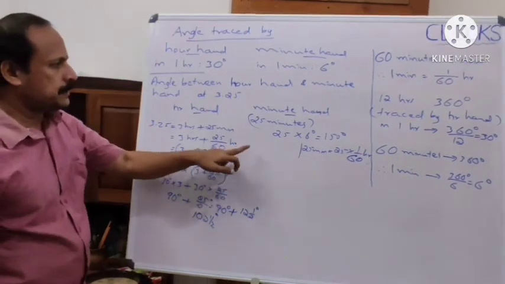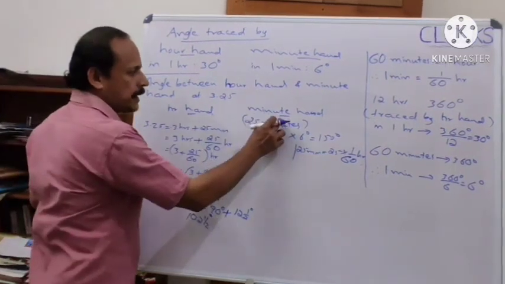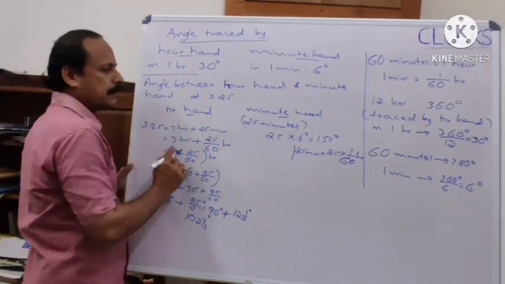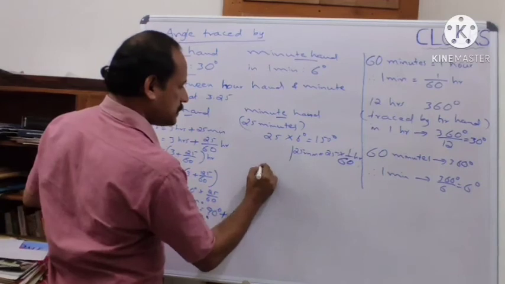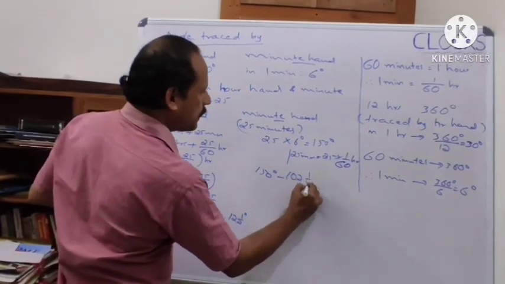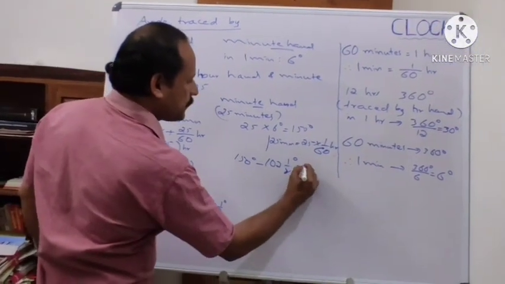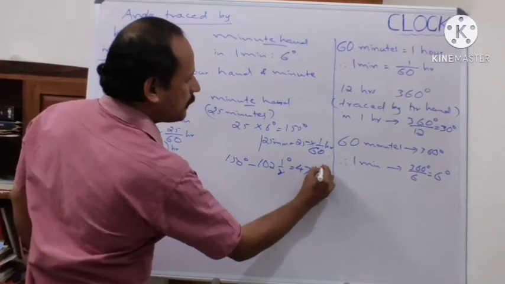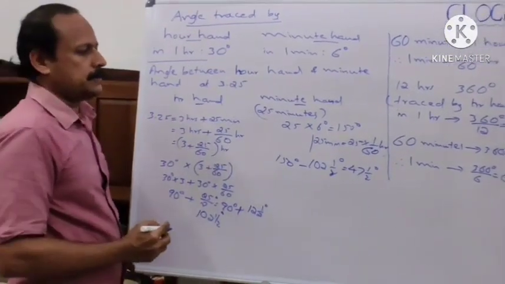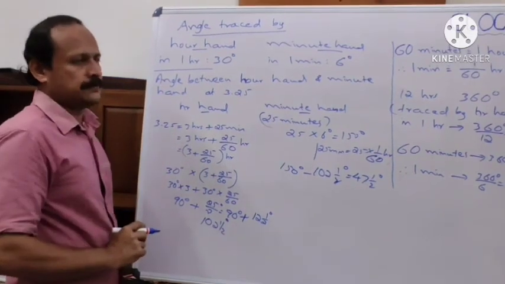We already discussed that the angle between hour hand and minute hand at this time is the difference between these two angles, that is angle traced by minute hand minus angle traced by hour hand. Therefore, the answer is 150 degrees minus 102.5 degrees, and this is equal to 47.5 degrees. This is the angle between hour hand and minute hand at 3:25.